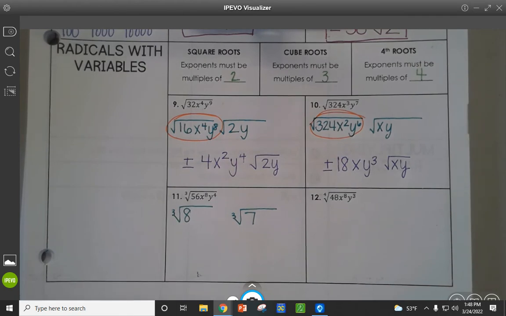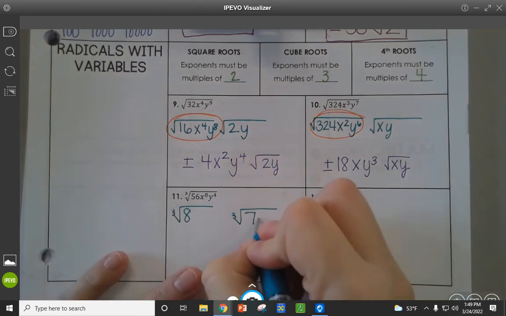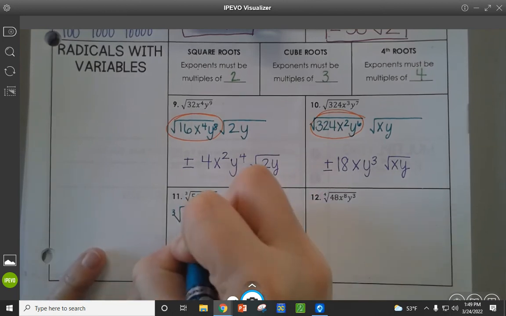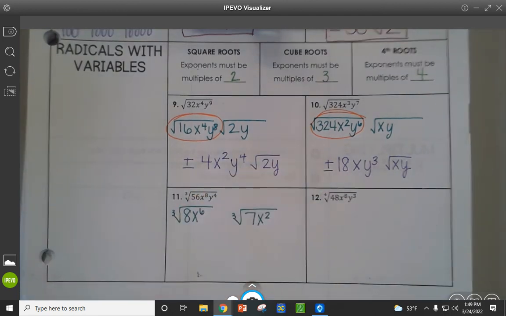Is x to the 8th a perfect cube? What does it need to be a multiple of? 3. Is 8 a multiple of 3? No. So how many x's do I need to move out to get a multiple of 3? 2 of them. So I'm going to move out x squared, leaving me with x to the 6th.